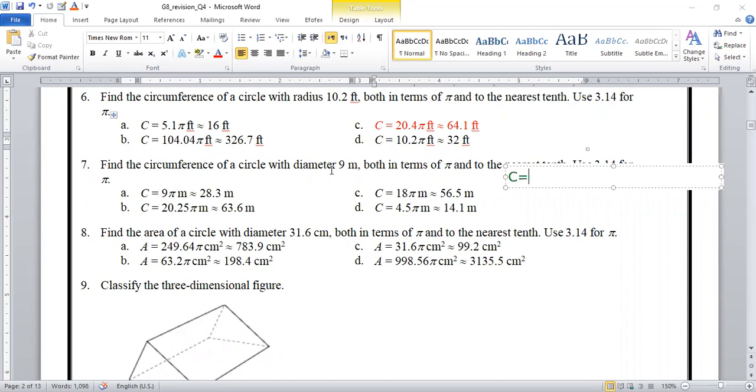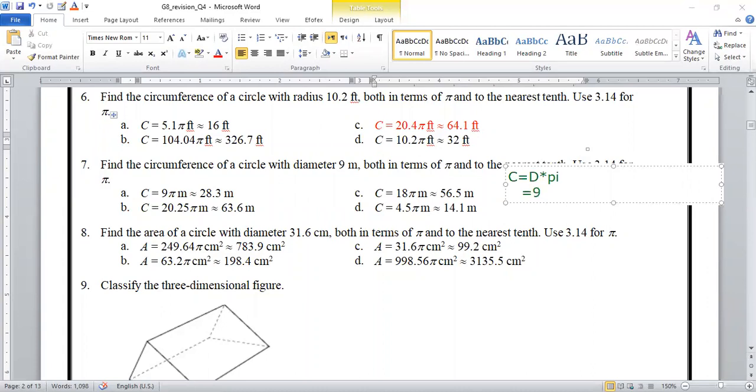Here the given is the diameter, so we will use the other rule of circumference: diameter times pi. Diameter equals 2r, the same rule.